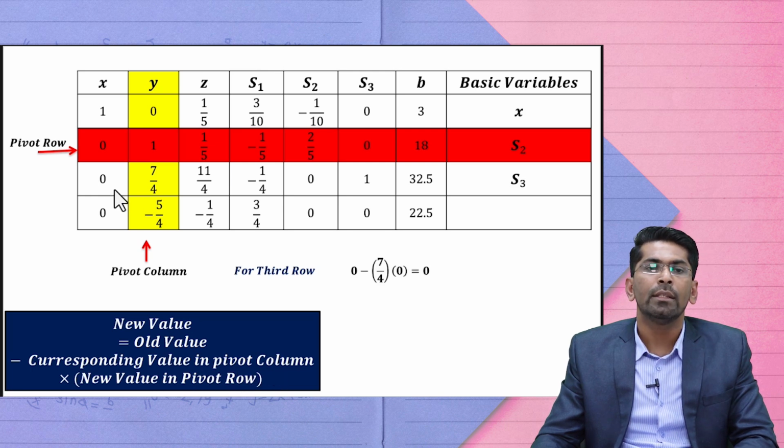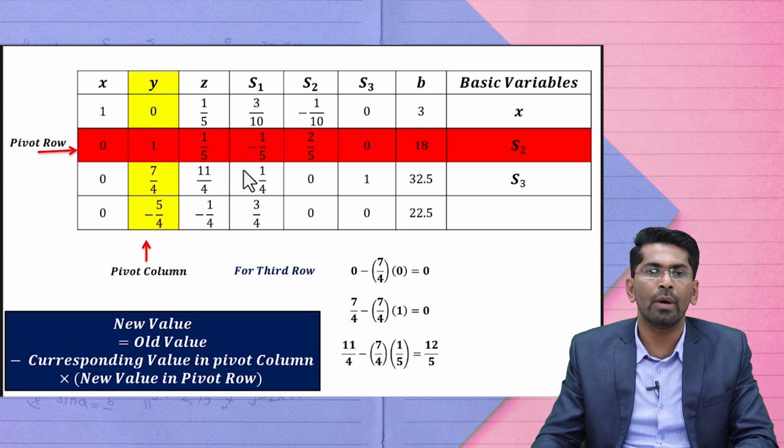So it will become, see, 0 minus 7 by 4 into 0, which is equal to 0. Then we have 7 by 4 minus 7 by 4 into 1, which is equal to 0. Then 11 by 4 minus 7 by 4 into 1 by 5, which is equal to 12 by 5.